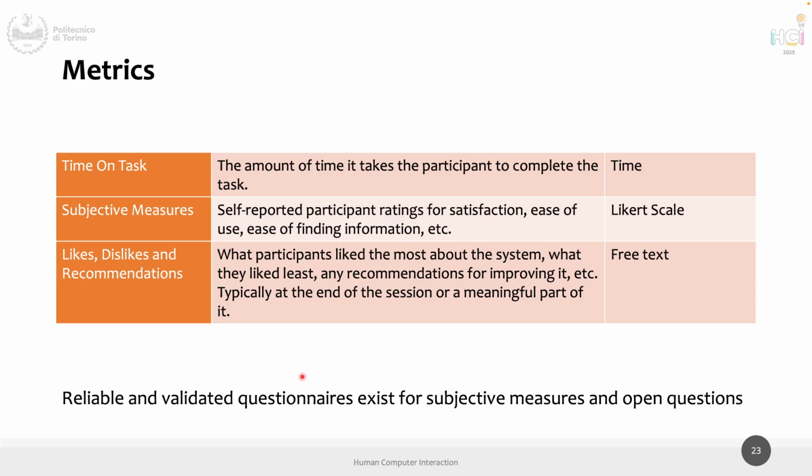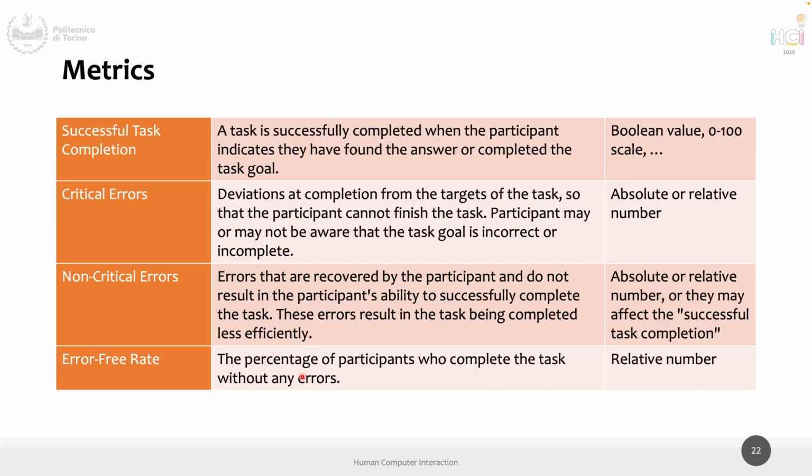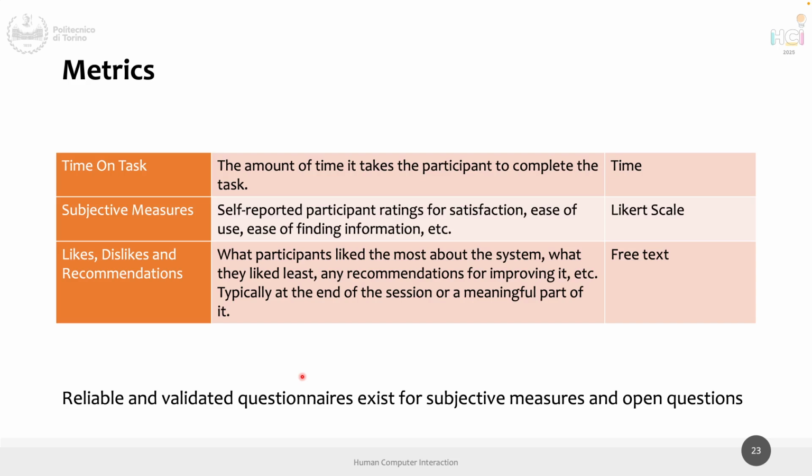These are all possible metrics. You don't have to have all these metrics in a test, but you can decide, for instance, that you want successful task completion and keep track of critical and non-critical errors, or that you want task completion, critical errors, and time on task.